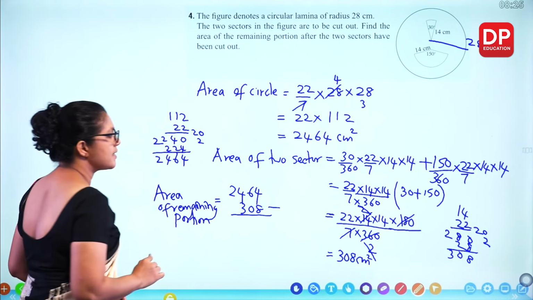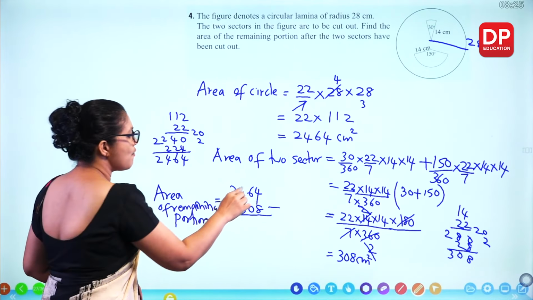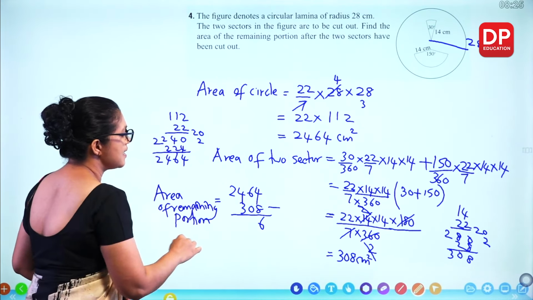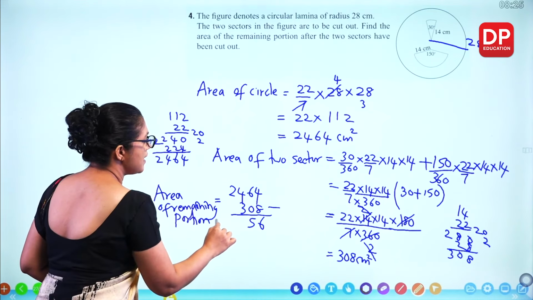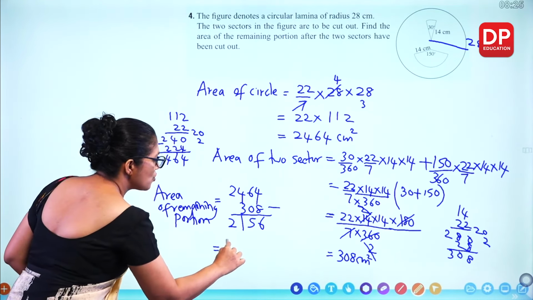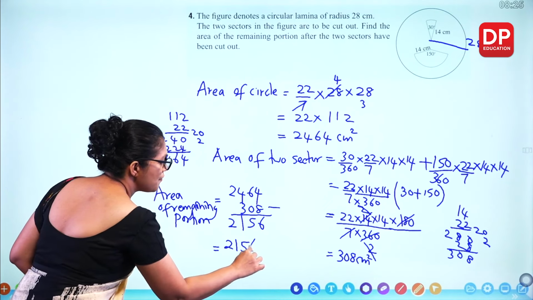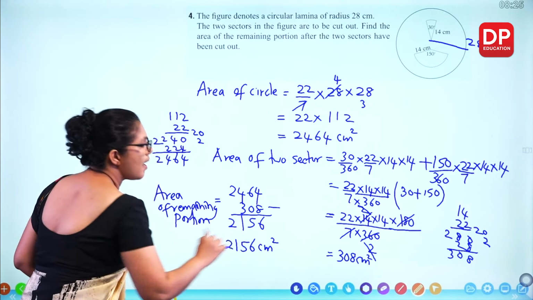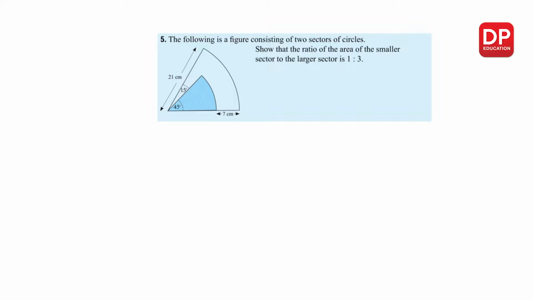You subtract these 2. So when you subtract, 14 minus 8 is 6, 5 remaining, and then 1 and 2. So what's the area? 2156 square centimeters.